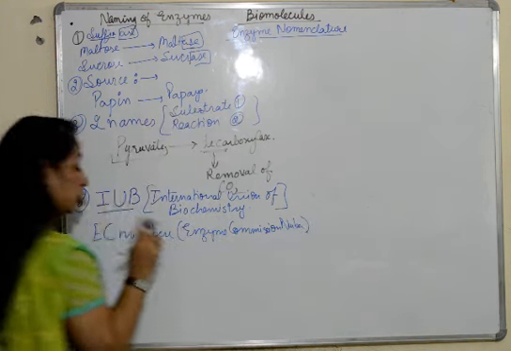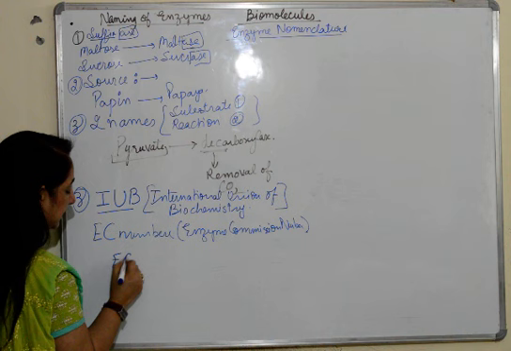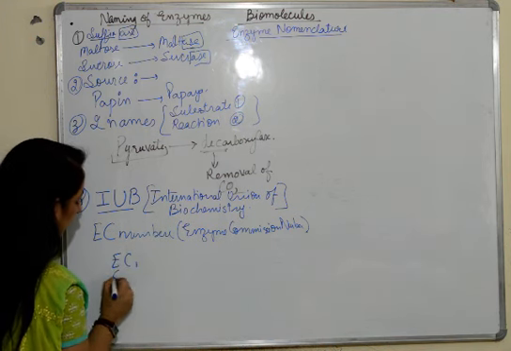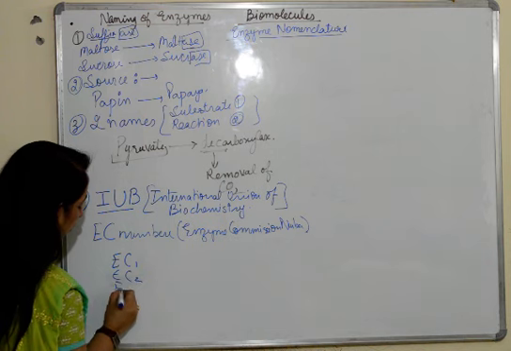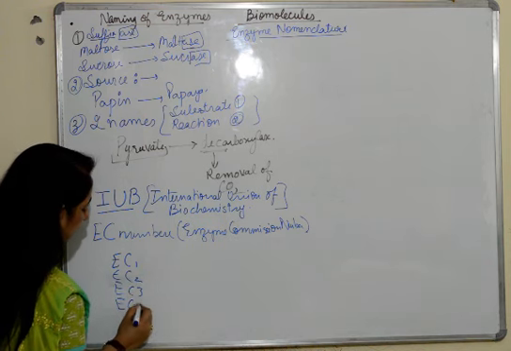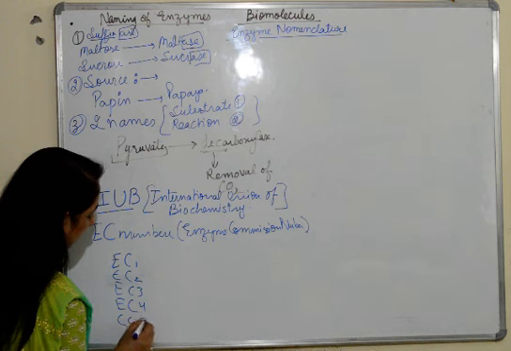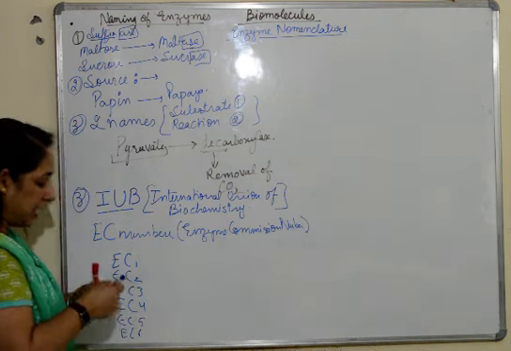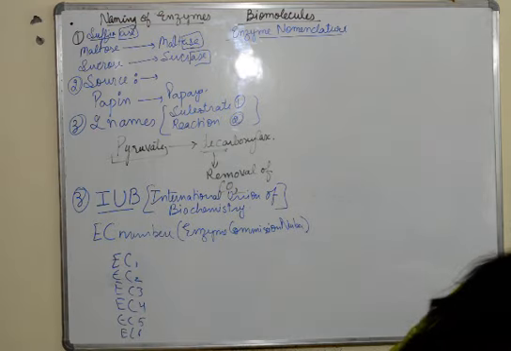So we have them in a sequence: EC1, EC2, EC3, EC4, EC5 and EC6. We have different names here, and I'll write down all the names one by one.